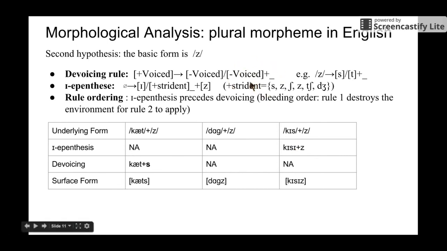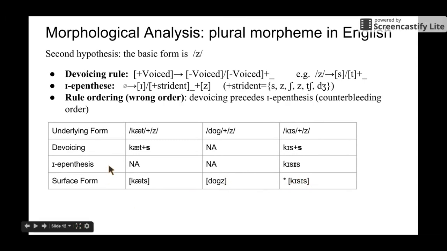It is not the right environment for the devoicing rule to apply because this is a plus voiced sound. We need a minus voiced sound. So again, it's not applicable. And then we have the final output. Everything is good, right?